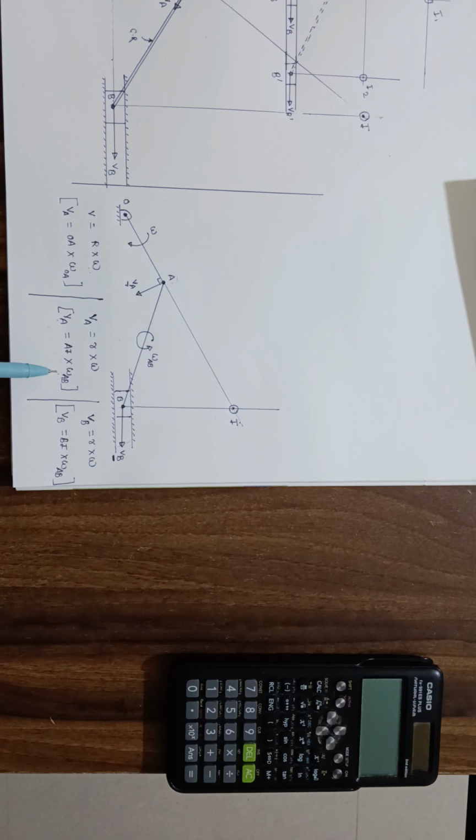From that find this omega AB, and then use the last equation, velocity of slider VB is equal to R into omega. So R means distance BI and omega will be omega AB. So here the slider velocity depends on the initial parameter omega and the distance of the crank.